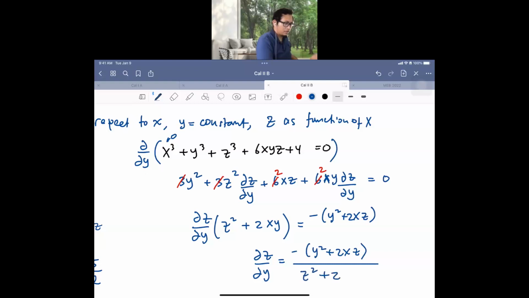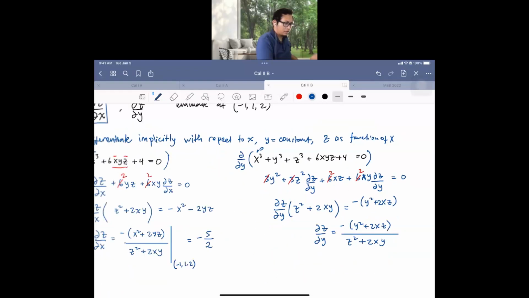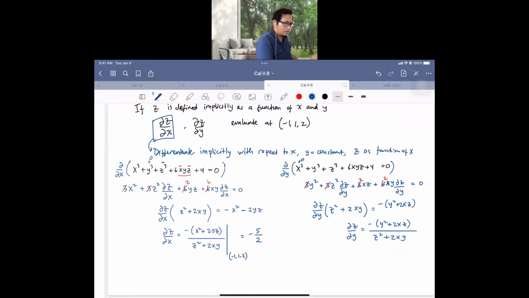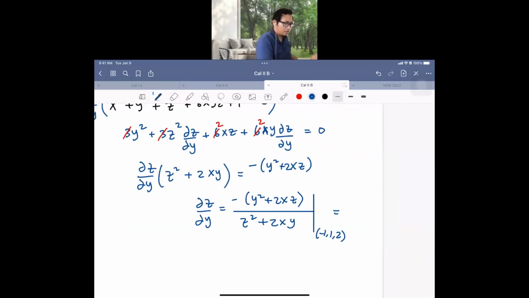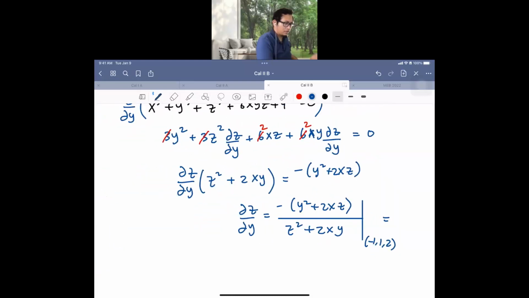Okay, now we finish the implicit, and then don't forget to plug in the value that we are going to find. And this will be 4 minus 2.